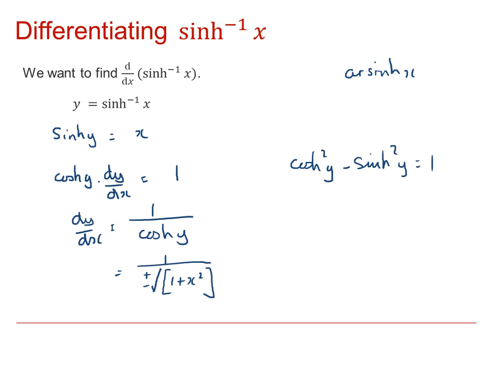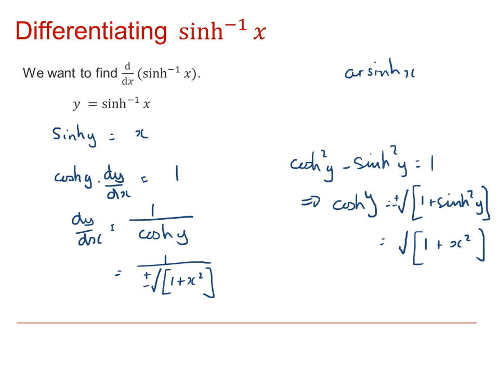So that came from cosh squared y minus sinh squared y is equal to 1, and therefore cosh y is equal to the square root of 1 plus sinh squared y. But we've got that sinh y is equal to x, so this is equal to the square root of 1 plus x squared, and plus or minus that.